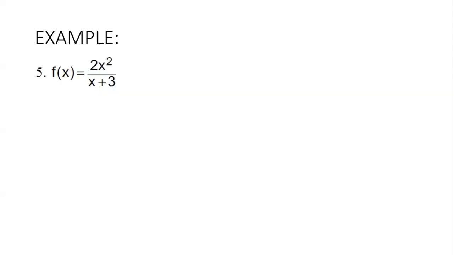Okay. So let's start here. So we have f of x equals 2x squared divided by x plus 3, right? Notice that the degree here is 2, the degree here is 1, and so therefore n is greater than d. And because of that, we're going to have to do long division.